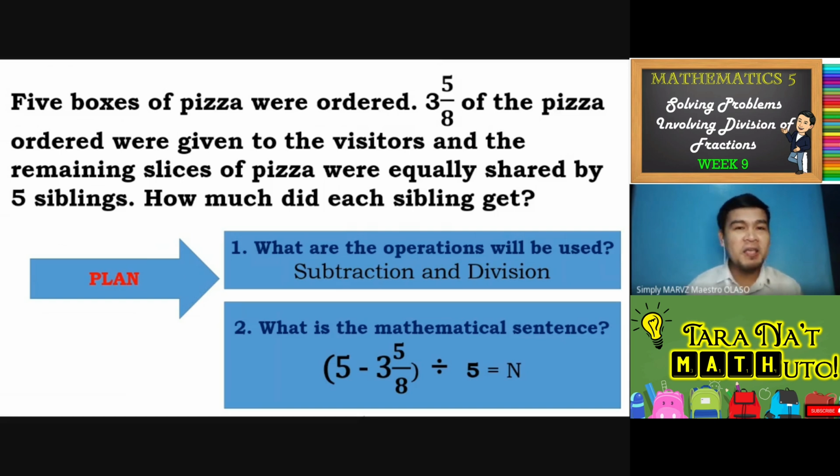Bakit ganyan ang naging mathematical sentence natin, di ba? From 5 boxes kasi, binawasan yun ng 3 and 5/8 kasi yun ang pinamigay sa mga bisita. Tapos yung matitira doon, sabi doon, the remaining, ay ihahati-hati sa 5 magkakapatid. Kaya divided by 5. Okay?